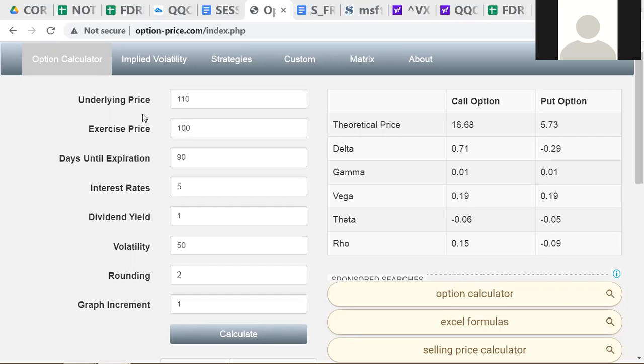Okay, somebody is responding. Yes, you said yes, sir. What is the intrinsic value of this option, the one I'm showing, the call? Show me the intrinsic value of the 100 call.